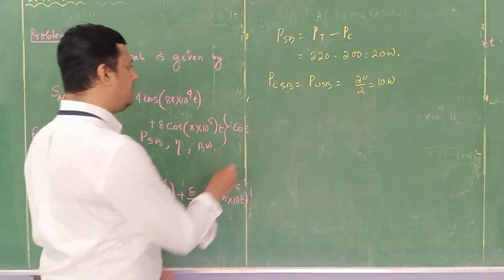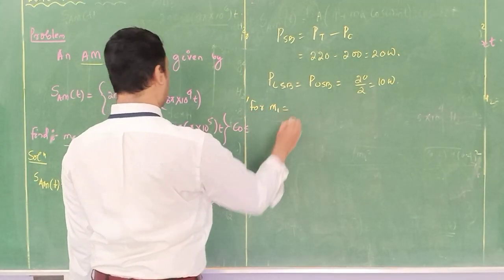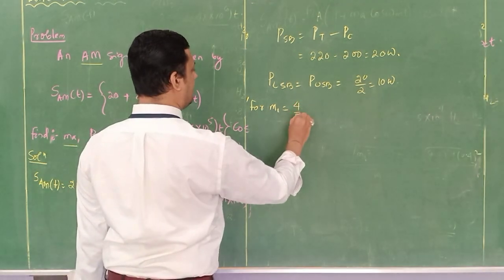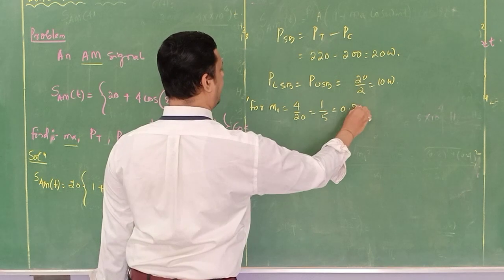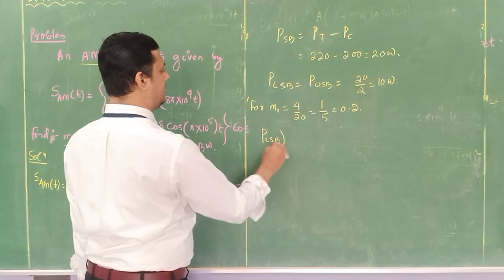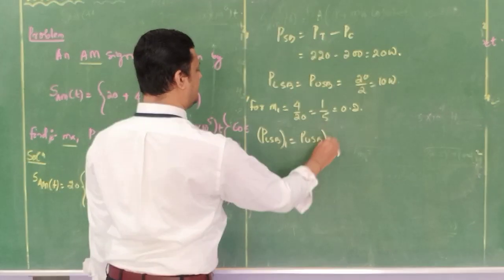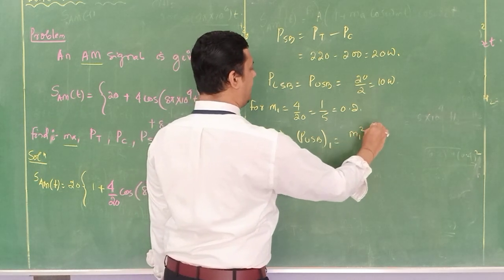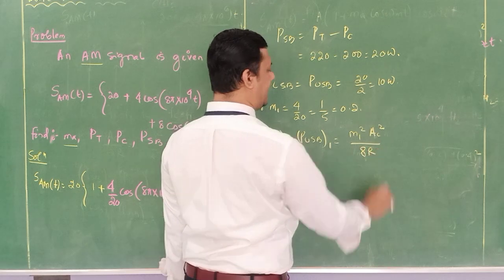So first of all, for M1, which is our 4 by 20, 1 by 5 or 0.2. So power content in LSB 1 is equal to power content in USB 1, which is equal to M1 square into AC square divided by 8R.